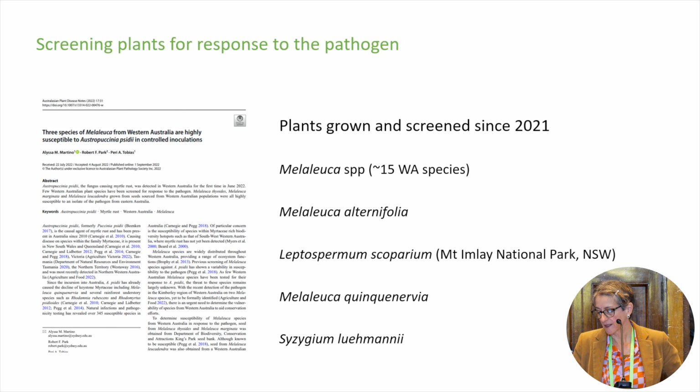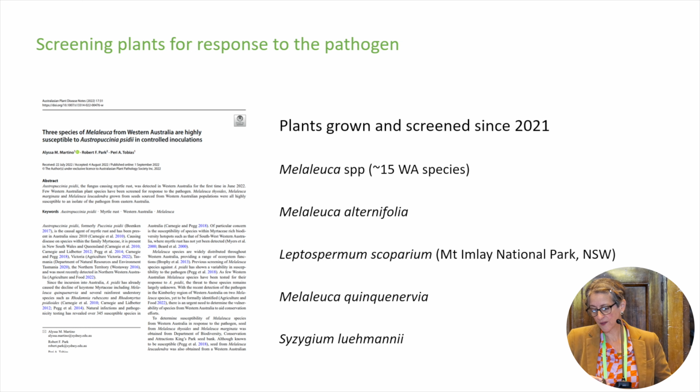Since 2021, Alyssa Martino has been screening around 15 WA naive hosts, various Melaleuca species. We also did some Melaleuca alternifolia. I noticed it was called Leptospermum alternifolia in a previous presentation, but that's the tea tree oil industry.